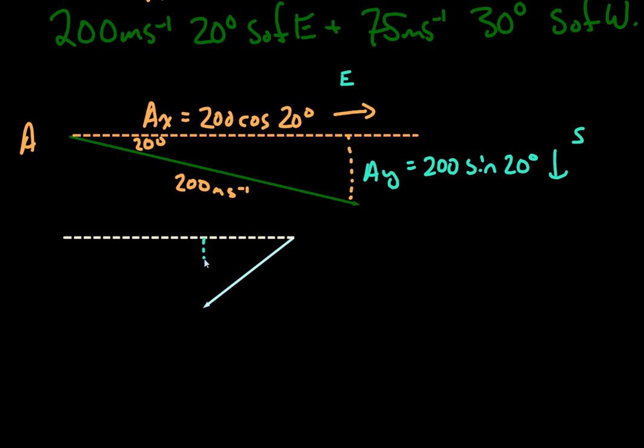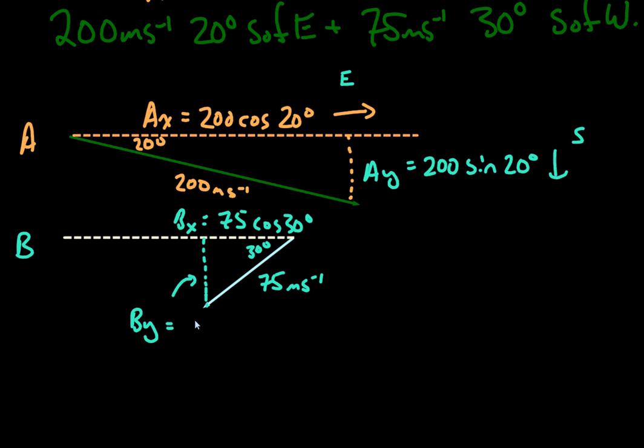Okay, and then over here, this is vector B, and this is 30 degrees here, and this is 75 meters per second. We know that the BX value is 75 cos 30. All right, and that's not Y, that's X. And the Y is 75 sine 30 degrees.